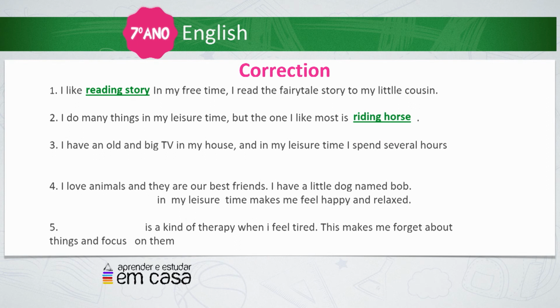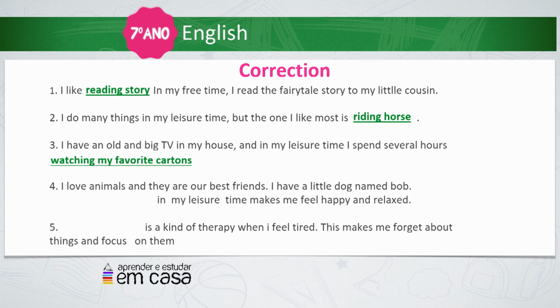Riding horses. Number 3, I have an old TV in my house, and in my leisure time, I spend several hours doing what? Watching my favorite cartoons. You did it?